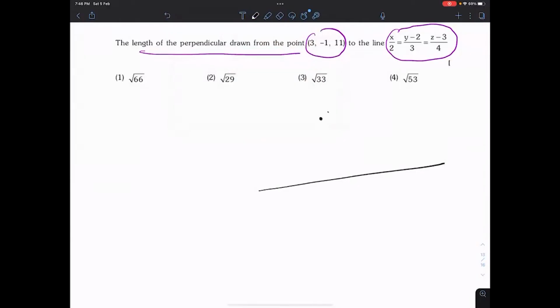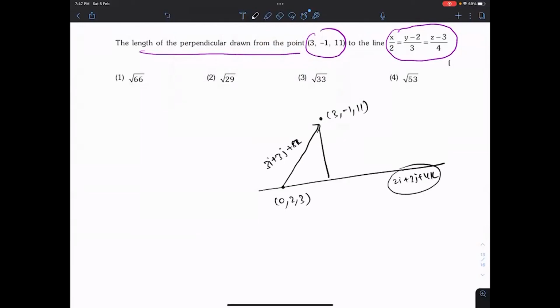Length of perpendicular from 3, minus 1, 11 onto this line. So the point is 0, 2, 3, and the direction is 2i plus 3j plus 4k. Immediately draw this vector, that is 3i plus 3j plus 8k. Now the projection of this vector on this vector, that is this dot that cap. So do the dot product: 6 plus 9 plus 8, 32, divided by root of 4 plus 9 plus 16.